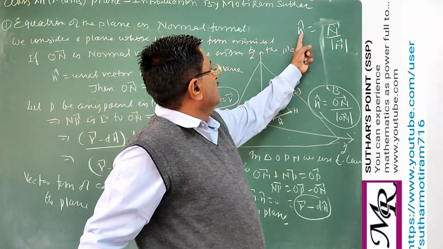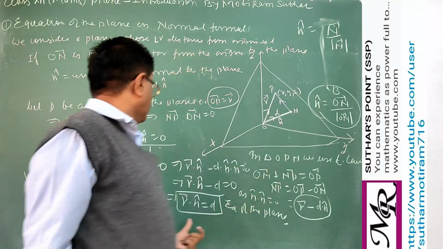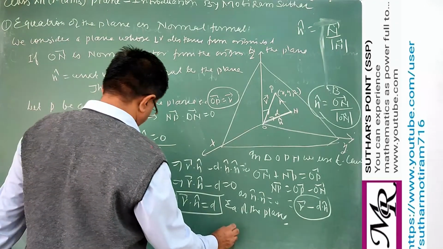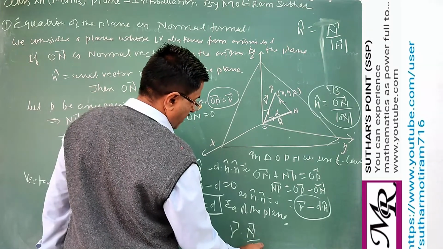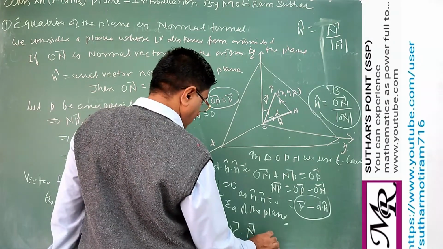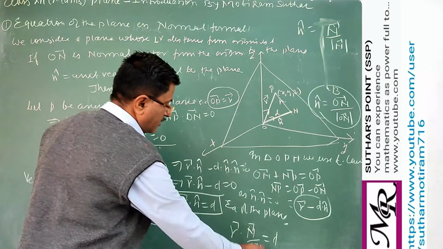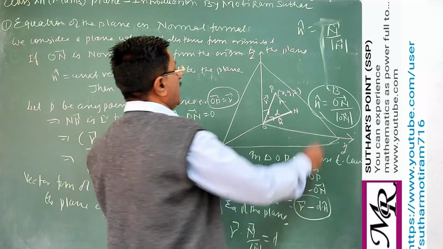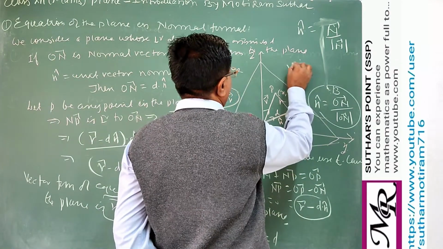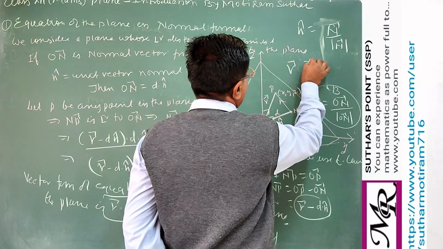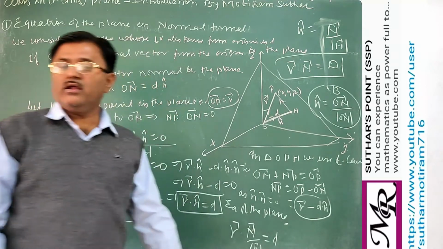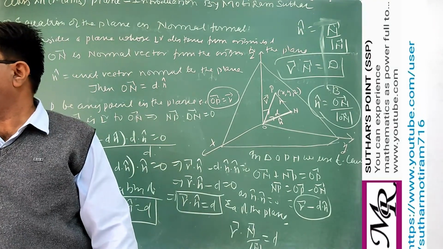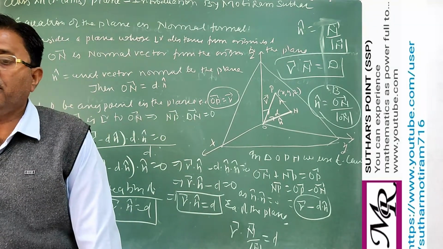So sometimes this n cap can also be replaced by this, or you may write r dot n cap equal to d in this way. Or sometimes you may find the equation in this form also, like vector r dot n equal to capital D.